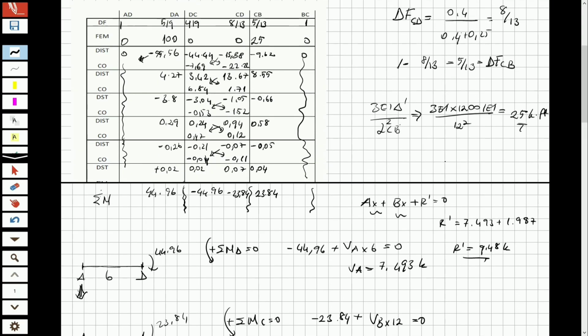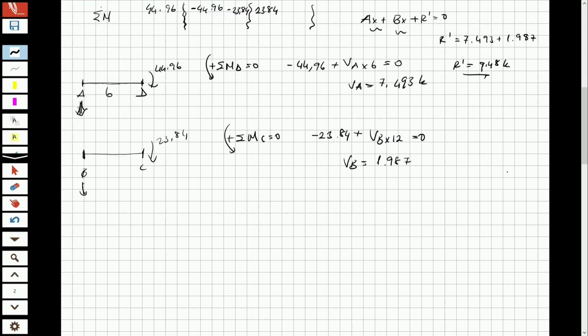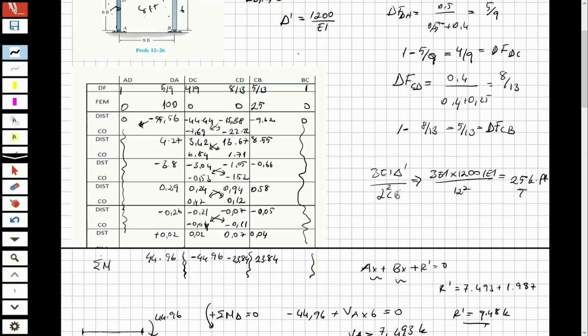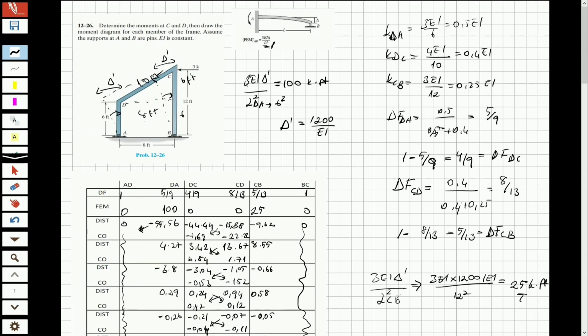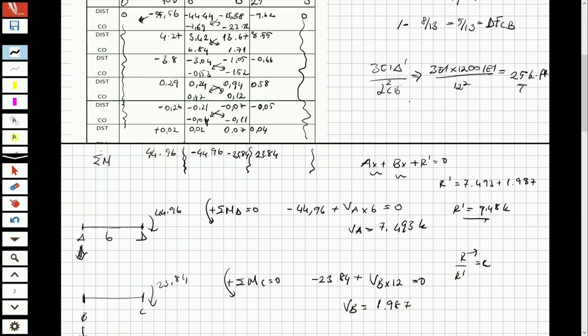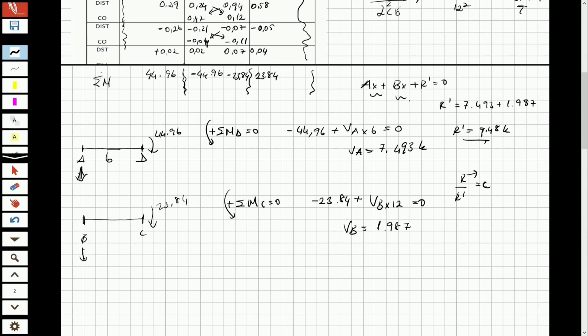For the first R, you know, we have an R over R prime equal to C. We use it like that, and R will be the force that acts, because there is no other force. Normally we use the first table and we use the truth table.